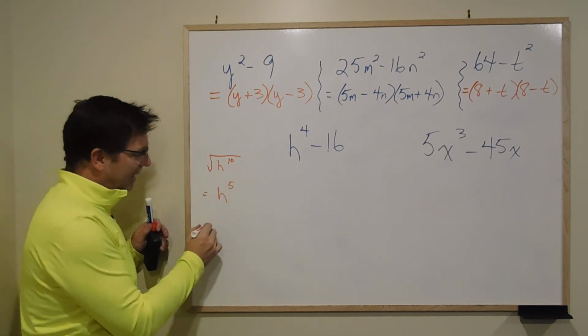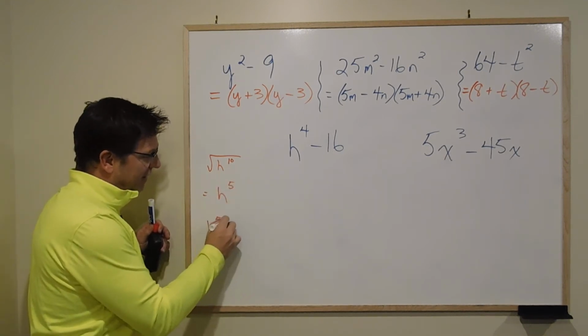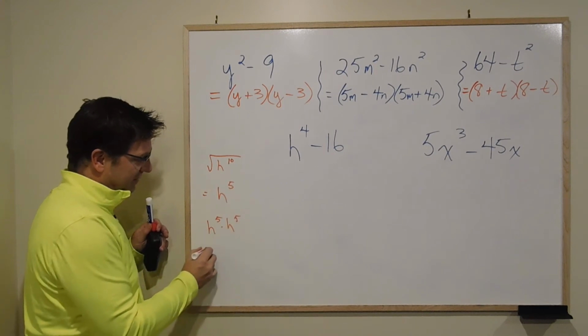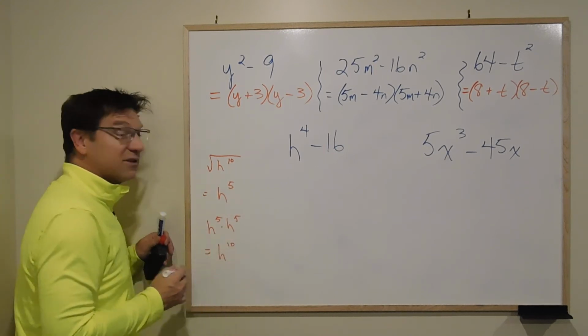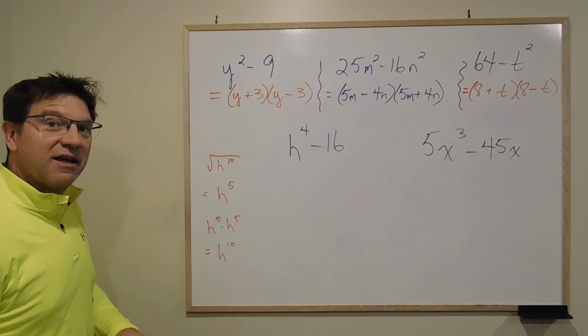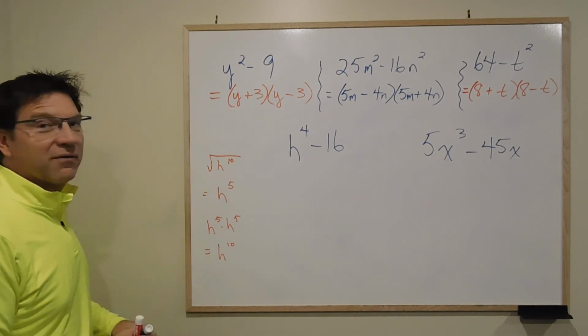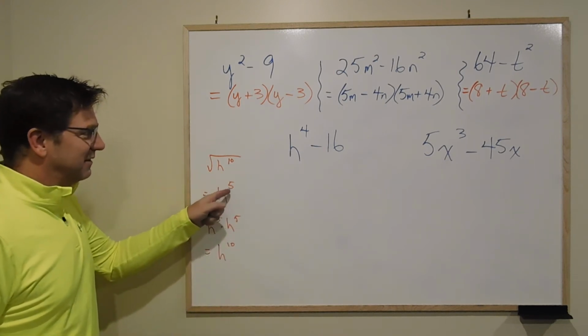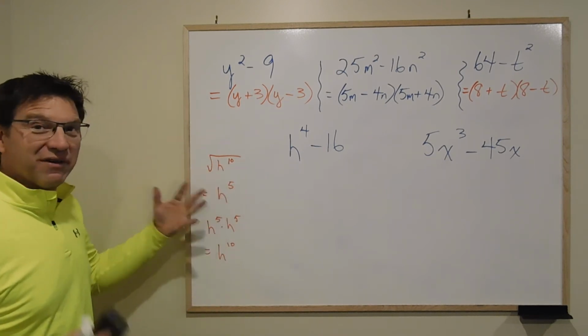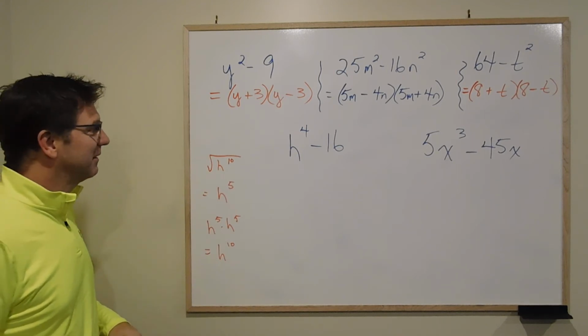And why I'm going to say that is because I know that h to the 5 times h to the 5, when I'm multiplying, I add the exponents. That gives me h to the 10. So it works for any even one. It doesn't work for odd ones because, you know, if this was a 9, that'd be a 4.5. I mean, it kind of works, but not properly. Okay?